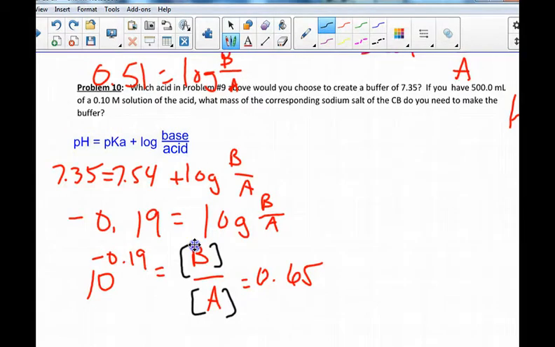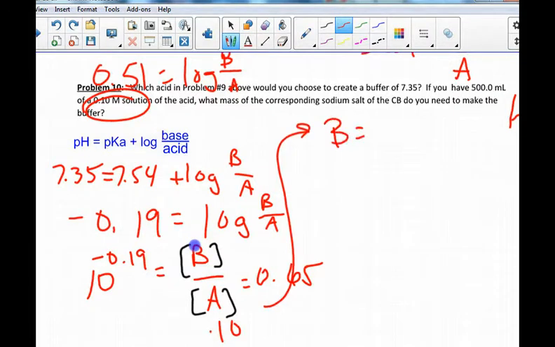So now what do I do? Is there any number I can plug into B or A? If you look closely, what do you notice right here? The molarity of my acid is 0.1. So if I plug that in, then the base molarity is 0.065.